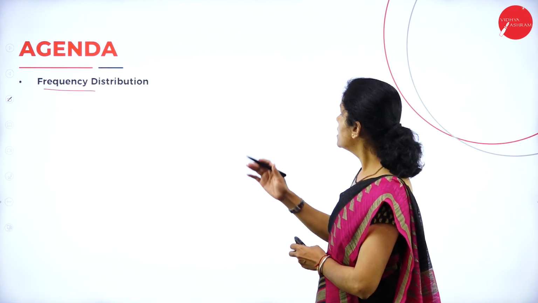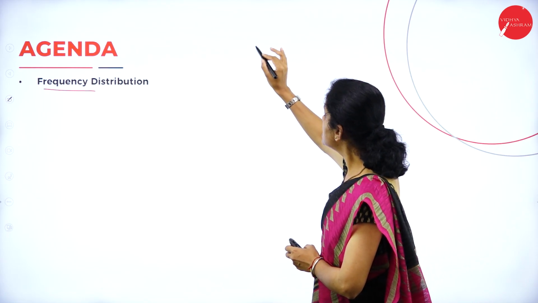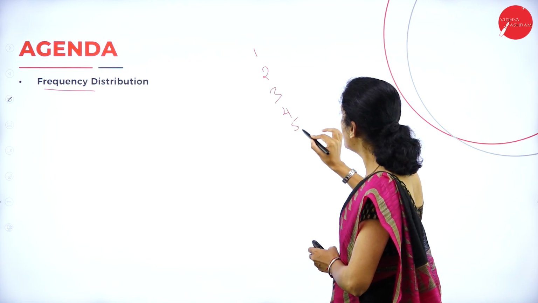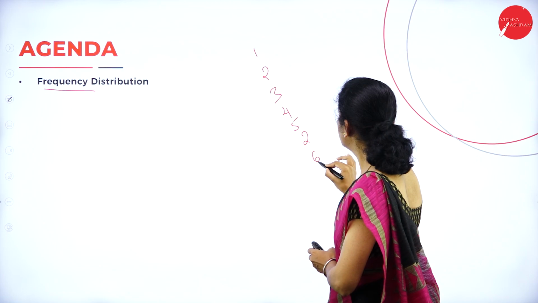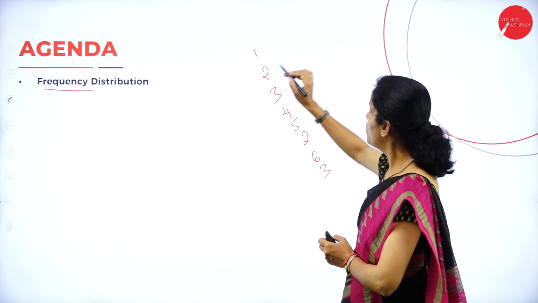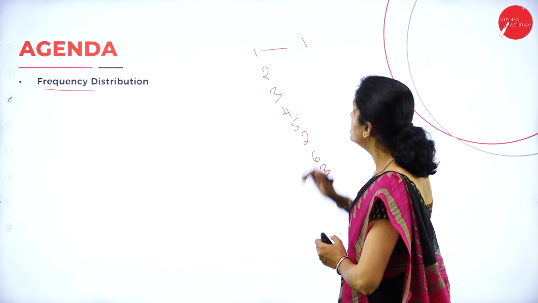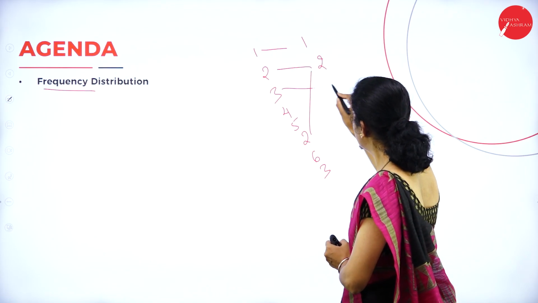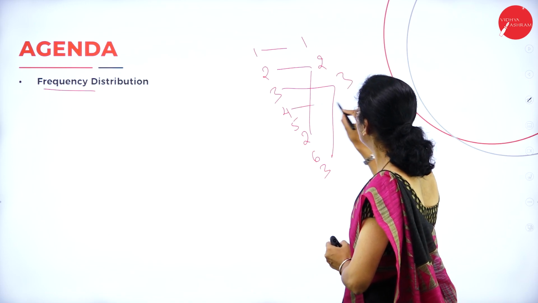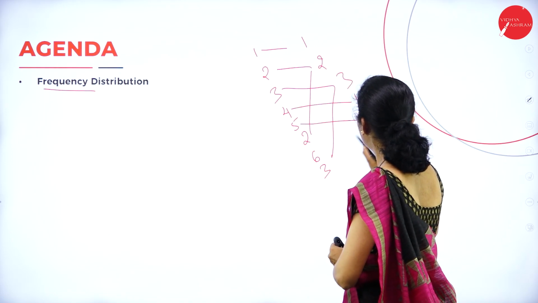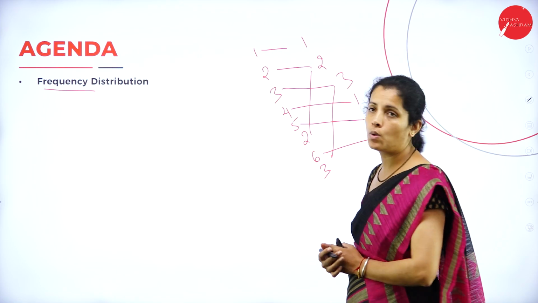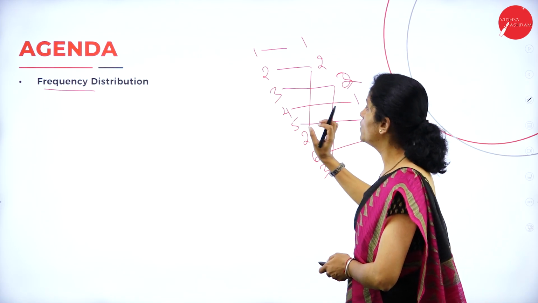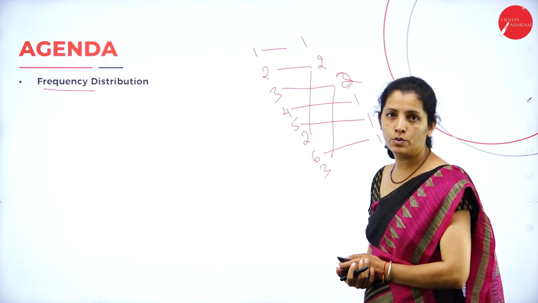If I consider the data like 1, 2, 3, 4, 5, 2, 6, 3, now 1 appeared one time, 2 appeared twice, 3 appeared twice, 4 one time, 5 one time and 6 one time. Okay, now to represent the occurrence, I'm going to use frequency distribution.